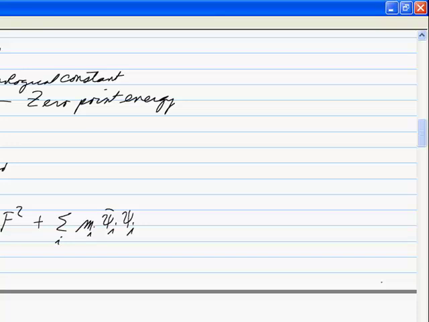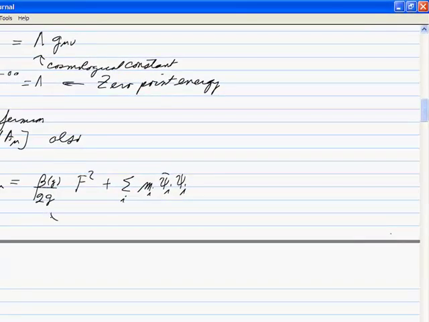What's interesting about what we just did is that the fermion contribution is just the fermion contribution to the beta function.